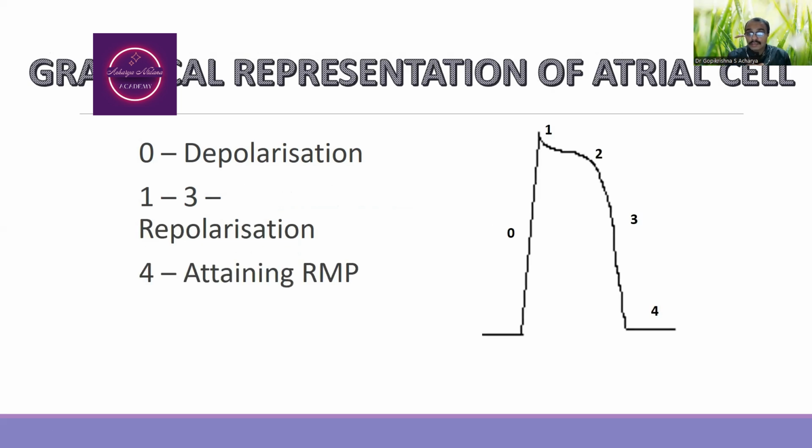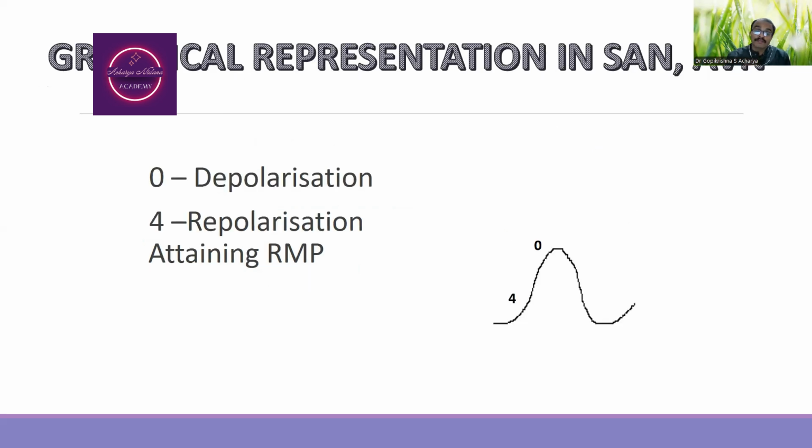Whereas in the graphical representation in the case of the atrial cell, again 0 is a depolarization wave, 1, 2 and 3 are the repolarization wave, and 4 is attaining resting membrane potential.